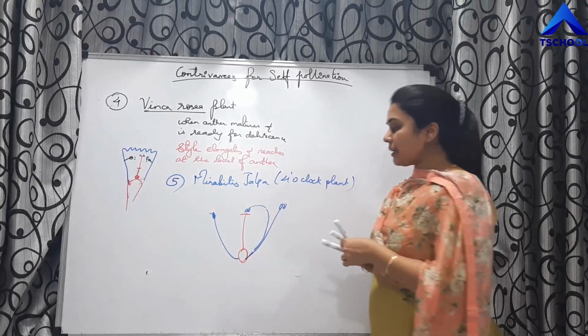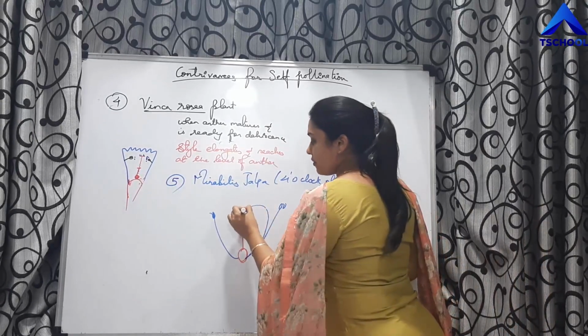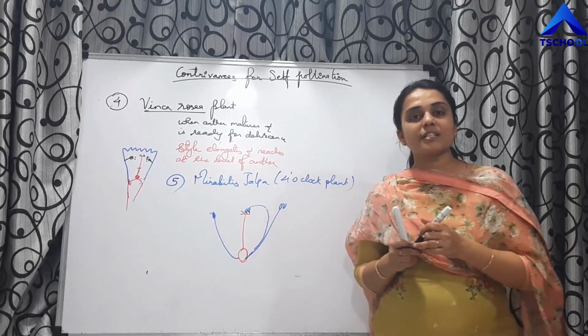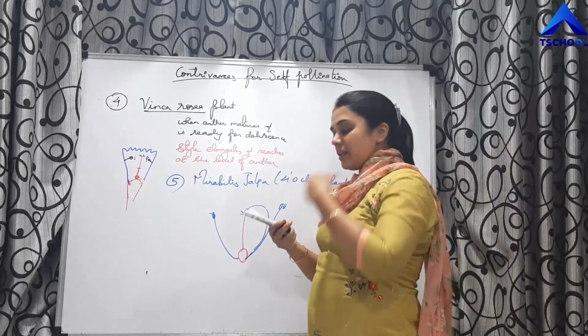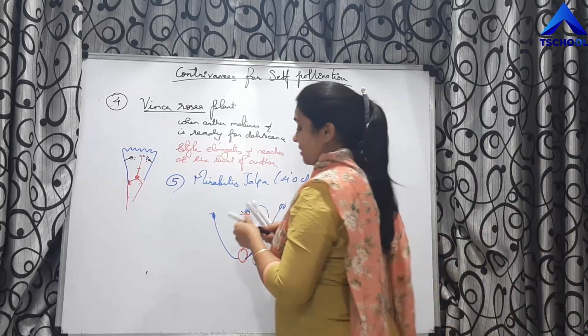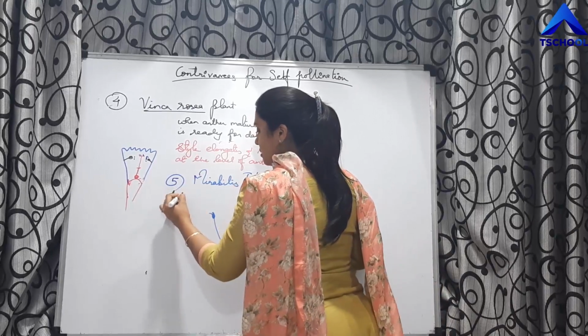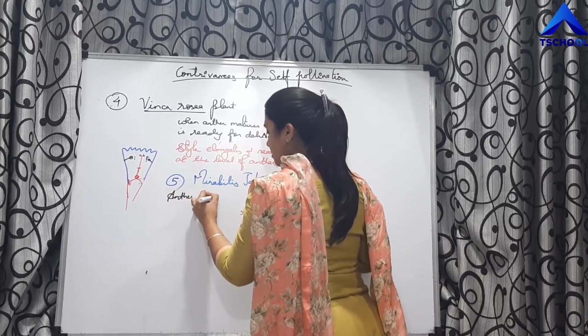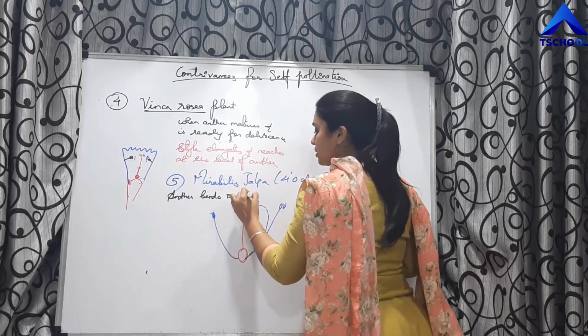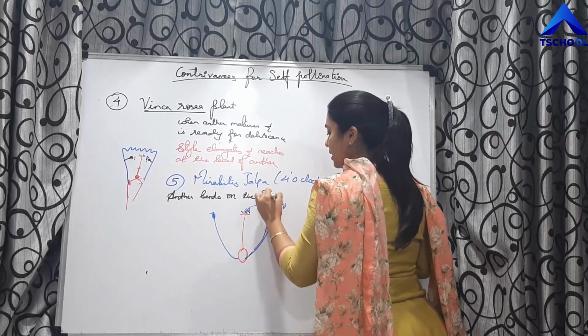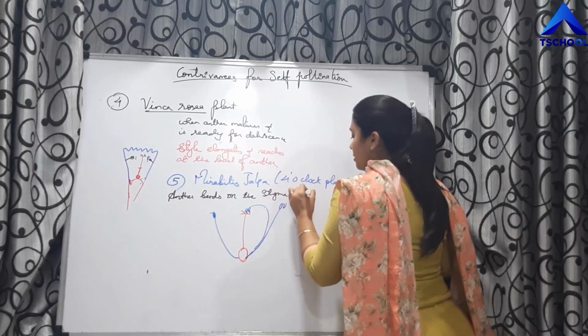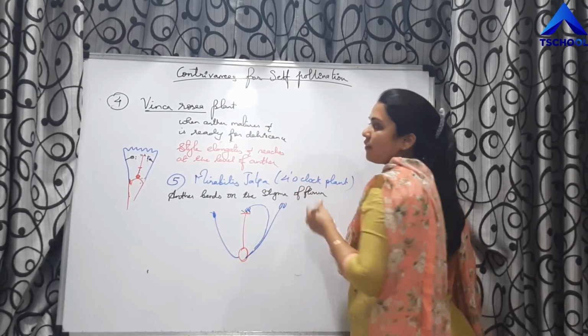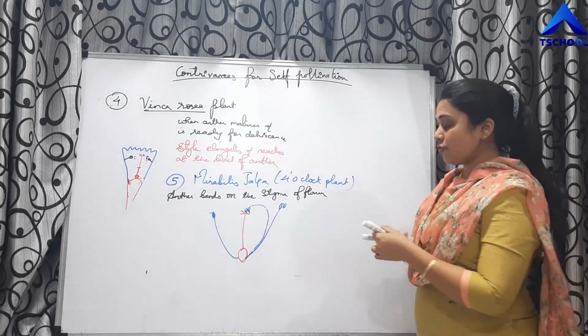So the pollen grains which are released will rest on the stigma of the same flower, right? So in Mirabilis jalapa, the anther bends on the stigma of the flower.